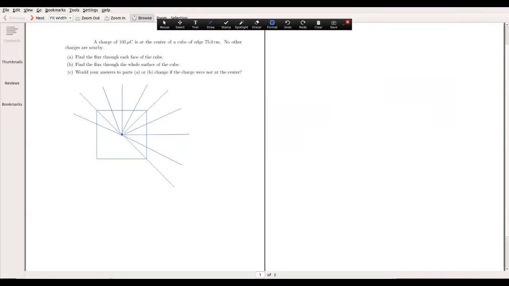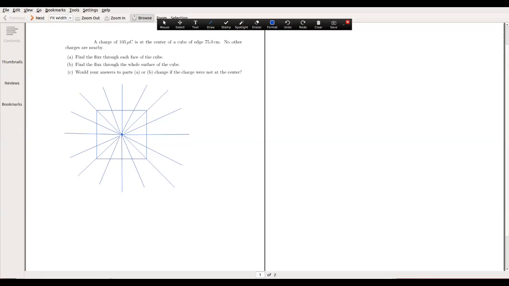If it was a negative charge, all these lines would be pointing inward. These are presently just lines. When I draw the arrows, that's what gives it a directional sense. It is corresponding to a field.